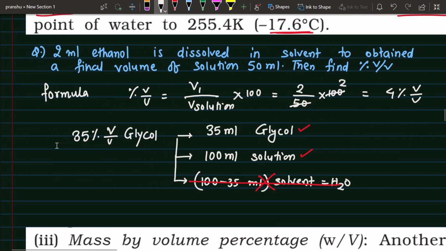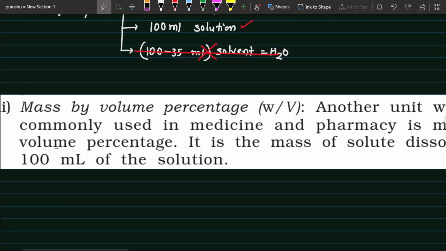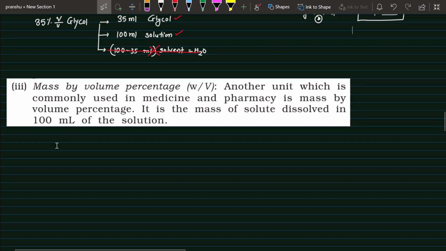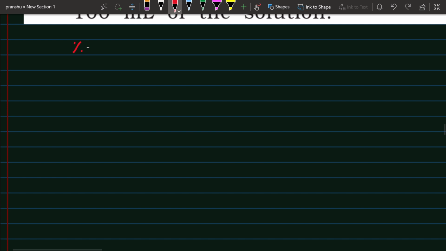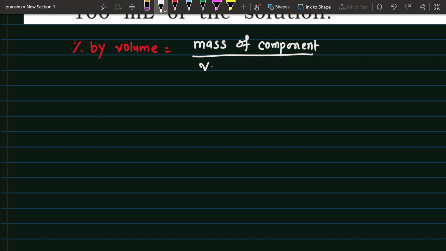So percentage by volume has another form, percentage mass by volume. Normally these terms are used in medicine and pharmacy. So it has the formula: percentage by volume is equal to mass of component, that is the required solute, divided by volume of solution.